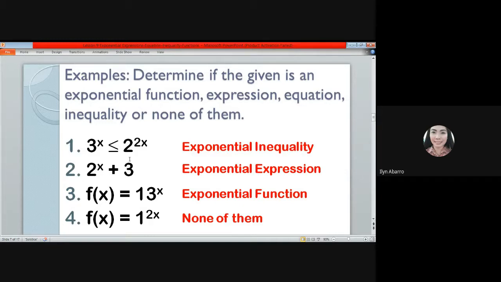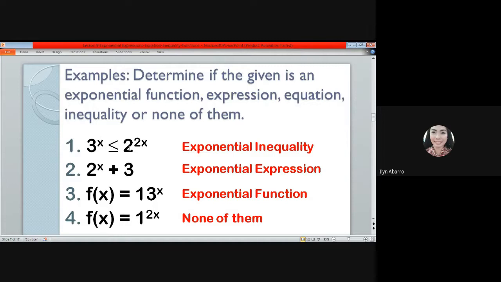Okay, number 1, 3 raised to x is less than or equal to 2 raised to 2x. So, our answer here is exponential inequality. Both sides are exponential expressions. Let us check. On the left side, the base is 3, that is greater than 0 but not 1, with x at the exponent.